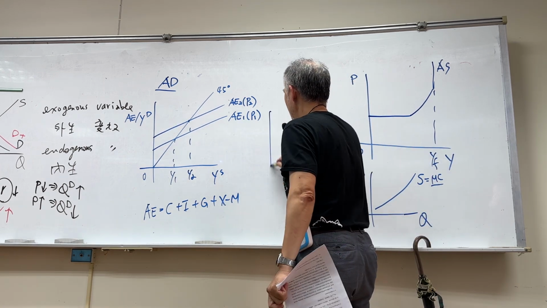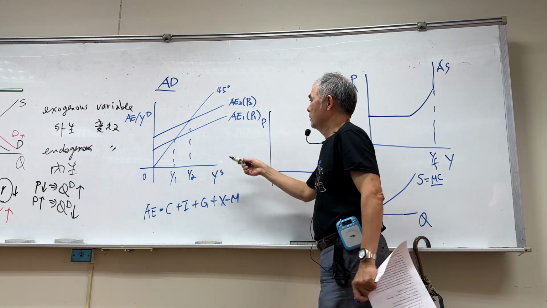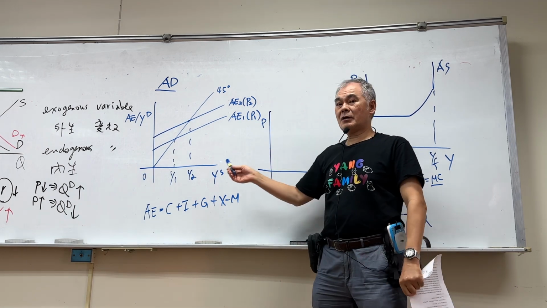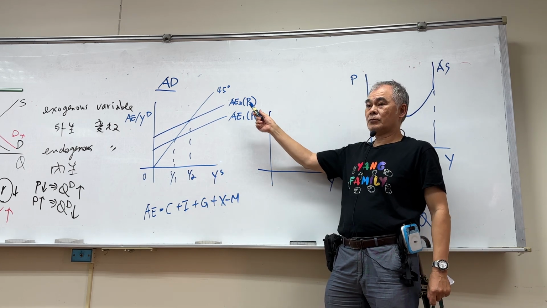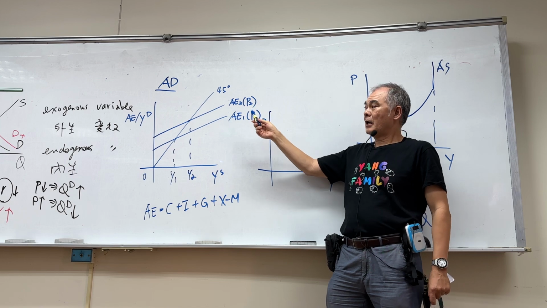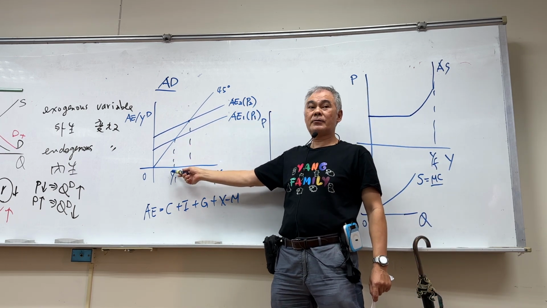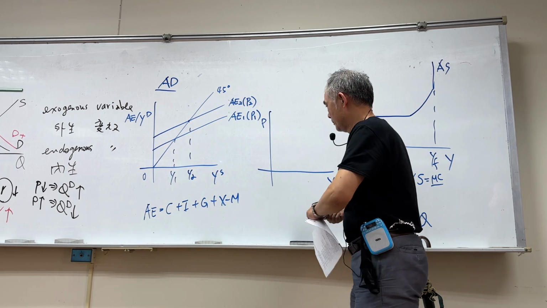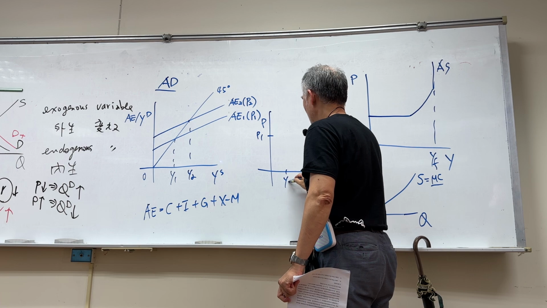So then you have Y here, P here, right? Even though we say AE is the same, because you are facing two different price levels, and P1 is higher, the amount of goods you can buy is smaller, right? Okay, good. So P1 will be here, and Y1 will be here.